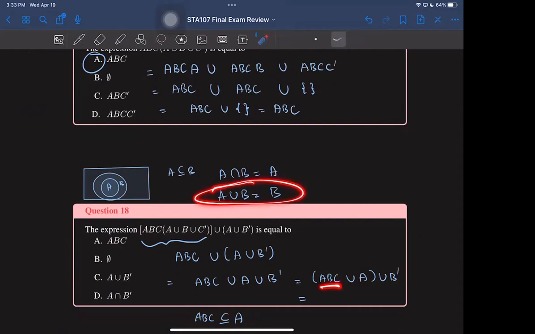ABC is a subset of A, so ABC union with A is just A. So this part is just equal to A. And I have A union with B prime, which is the answer C. Does this make sense?